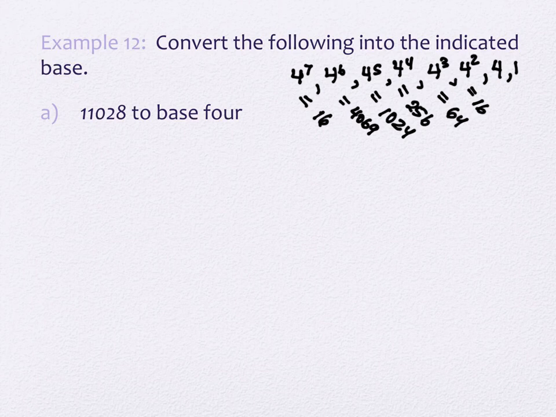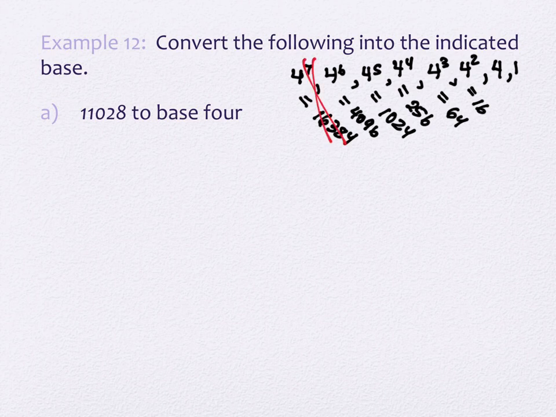Which one are you looking at? 4 to the 6th, is it 4096 or 4069? Oh, I have a typo. 4096 is what I meant to write down. Thanks, Ty. And then 4 to the 7th is 16,000 something, so 16,384. At the point where I get something too big, that's the value I don't need.